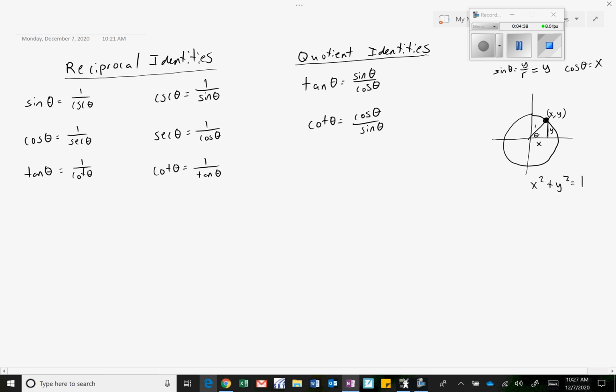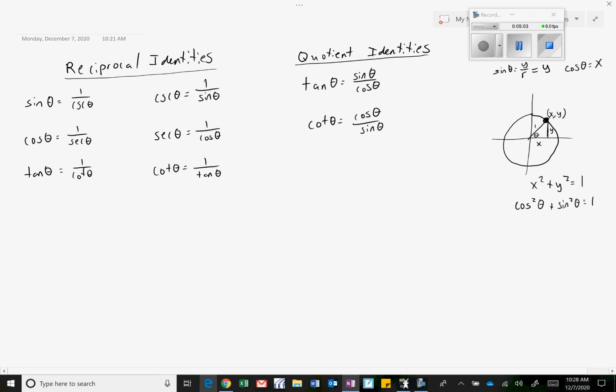Well, x is the cosine of theta, and y is the sine of theta, right? So I can substitute cosine of theta in for x, and I can substitute sine of theta in for y, right? So cosine squared of theta plus sine squared of theta equals 1.